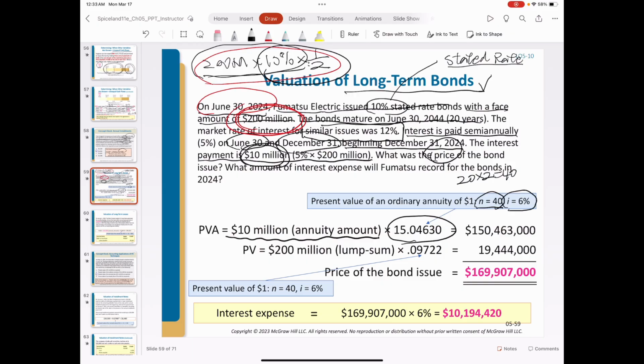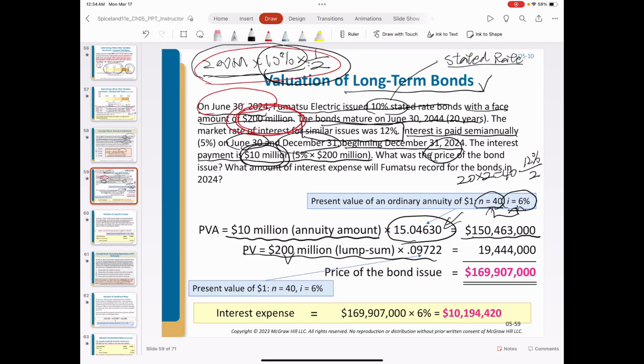Since interest is compounded semi-annually also, the discount rate, the market rate, will be halved, 6%. You look at the table and we have the present value factor. So the present value of this interest payment is $150 million.